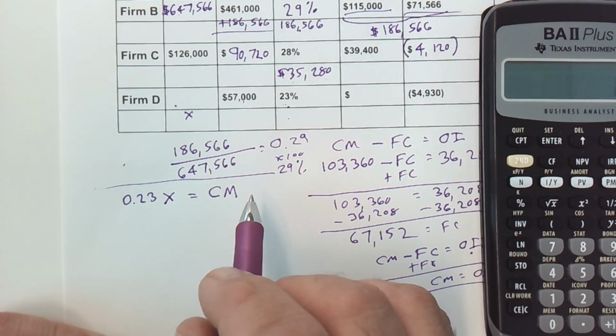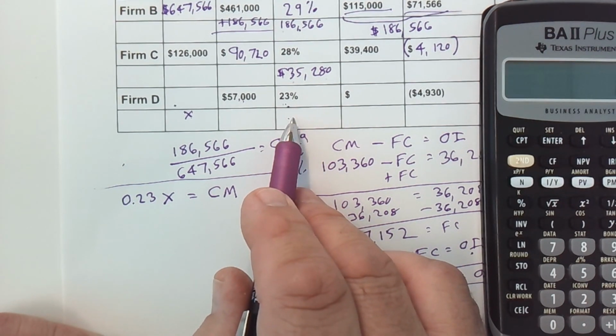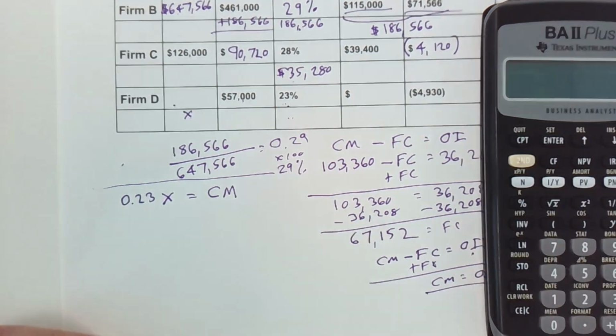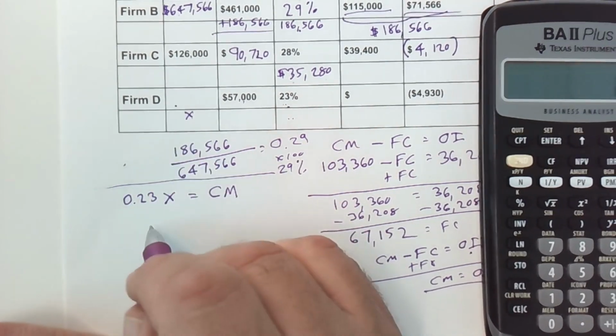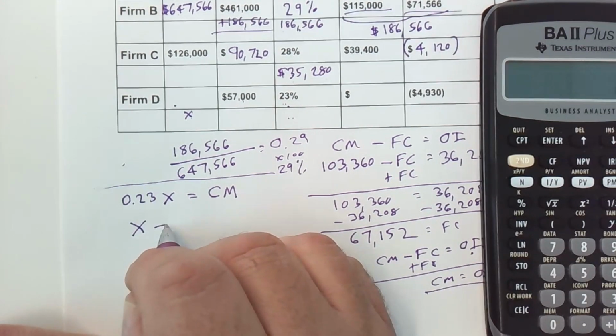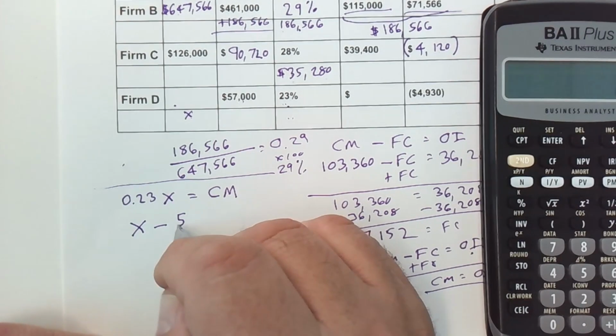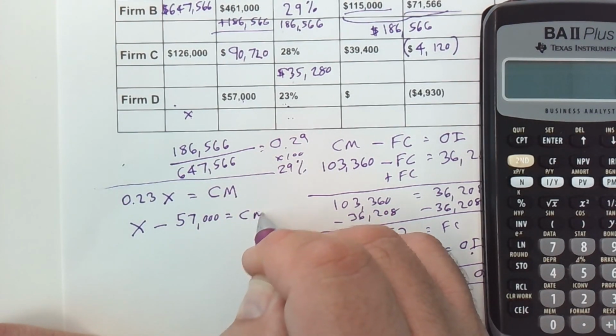The next step, though, we need to figure out what our contribution margin is in another way. And the other way we do it is we know that our sales, which again, we don't know what they are, I'm going to mark those as X. Our sales minus our variable costs, 57,000, is also equal to our contribution margin.